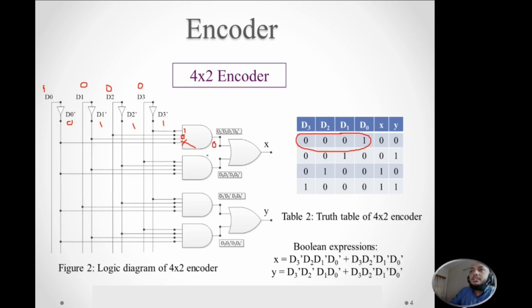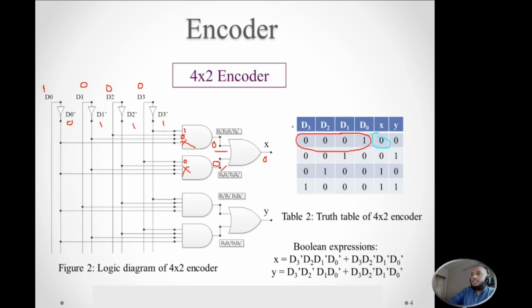Then consider the second AND gate. Here d3 is 0, so we don't need to consider other inputs, and the output of the AND gate will be 0. And this is the OR gate. If we get 2 zeros in an OR gate, then we will get output 0. That's why we are getting 0 here.